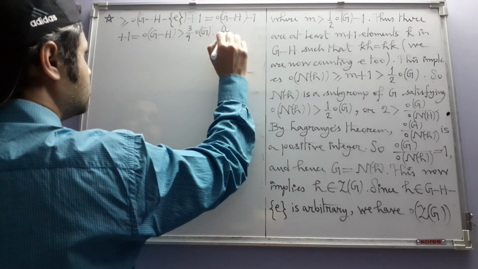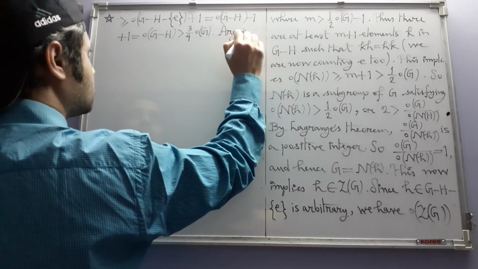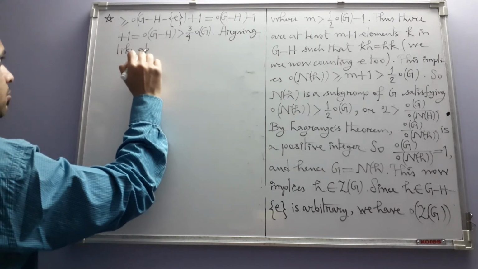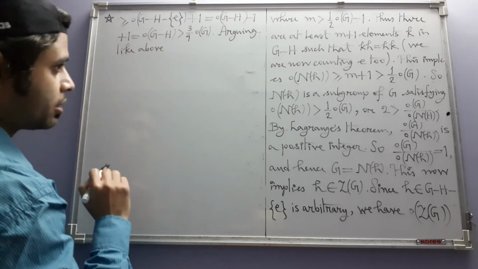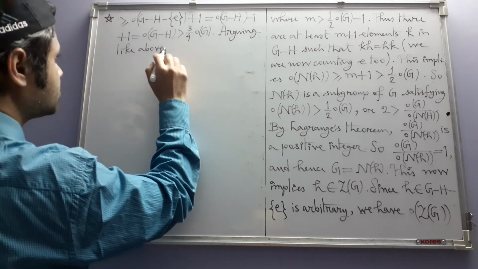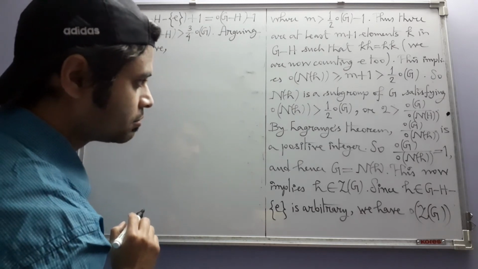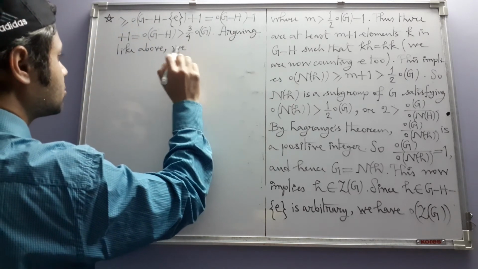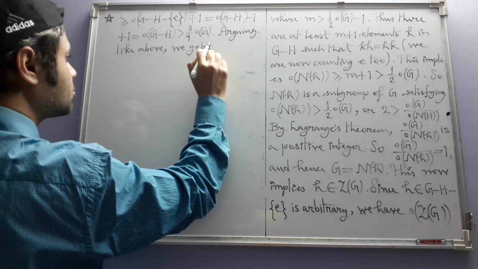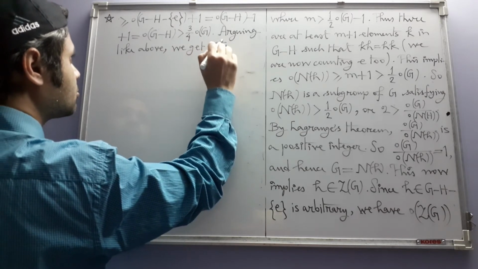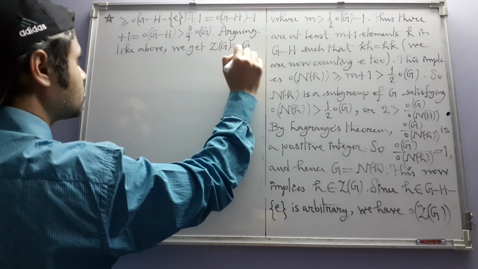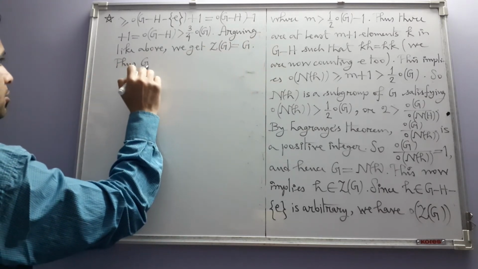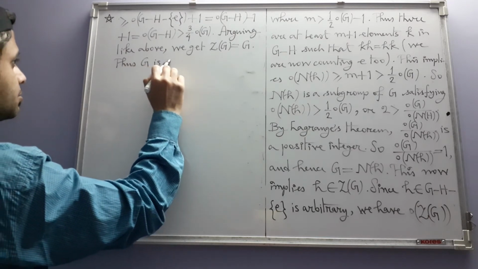So arguing like above, thus G is abelian.